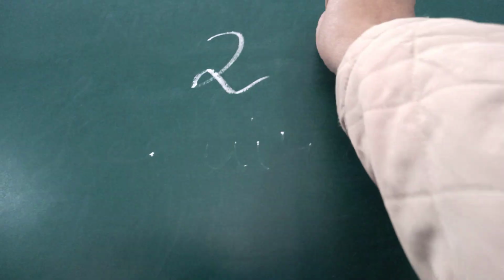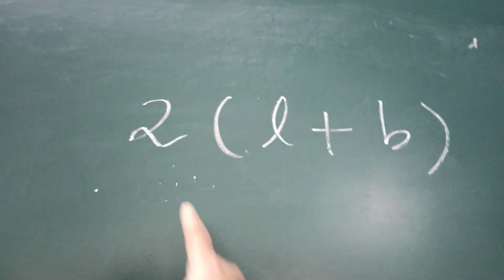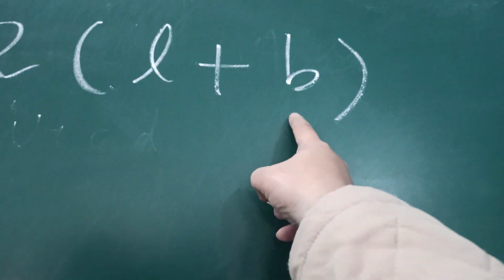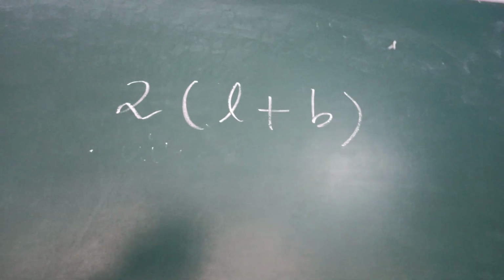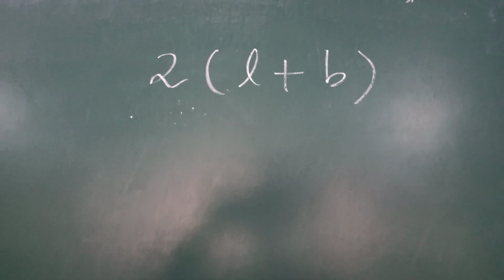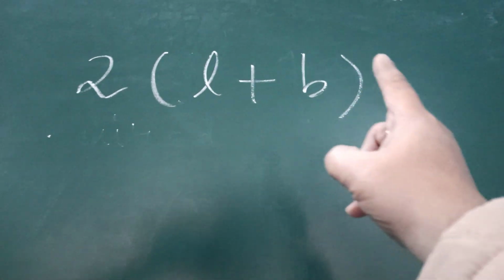I will write 2 over here and in bracket L plus B. This means I have two lengths and I have two breadths in a rectangle. So my formula to find out the perimeter of the rectangle will be 2(L plus B).